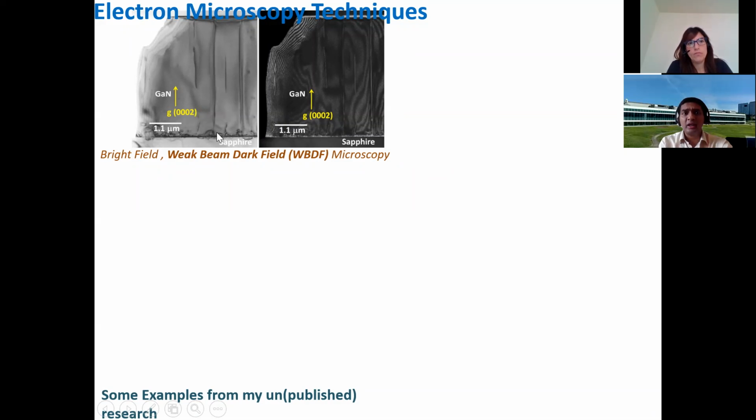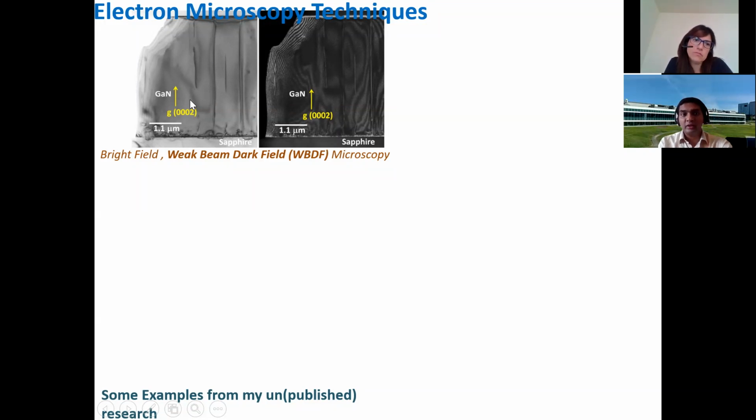What we see are these dark contrasts in the bright field image, or micrograph rather, are dislocations. And the dislocations we see start from the interface and move up as the growth continued.